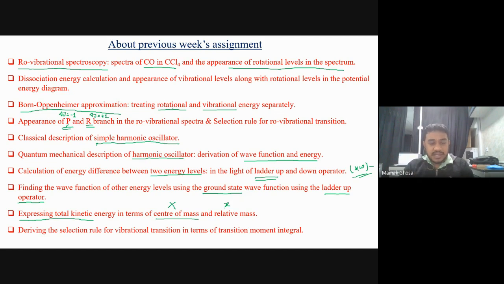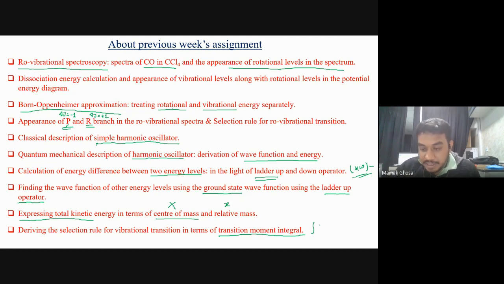Now, the derivation was done on the selection rule for vibrational transition in terms of the transition moment integral. Whenever you go for spectroscopy, if you are going to derive any selection rule, then you need this transition moment integral to be non-zero. Otherwise, the transition will not be feasible.